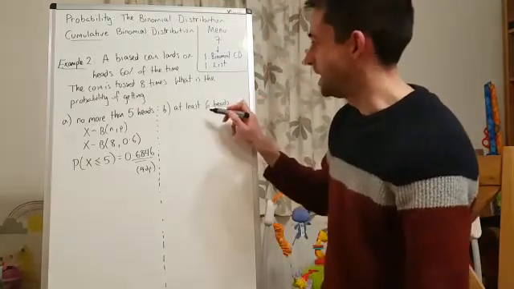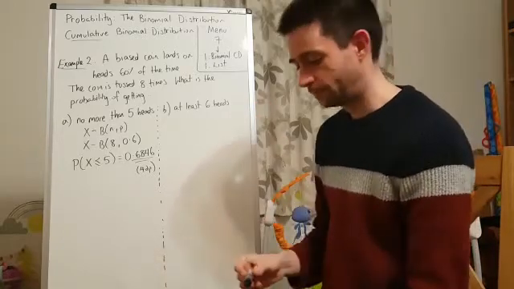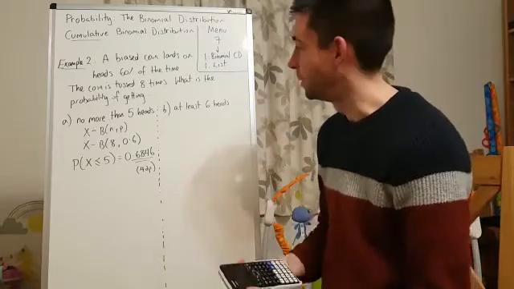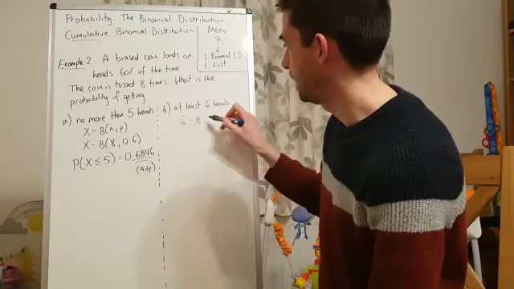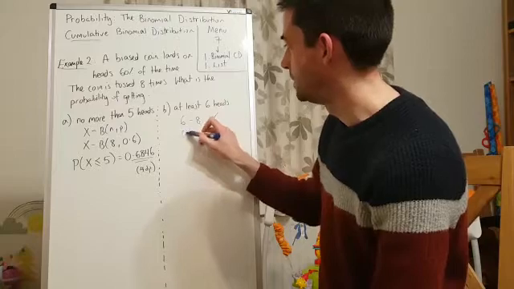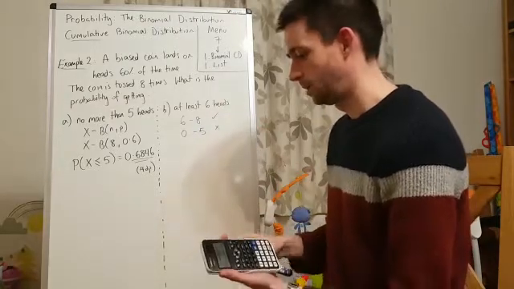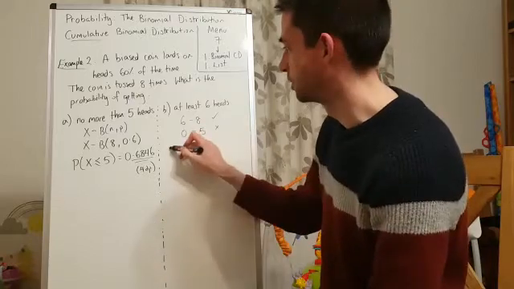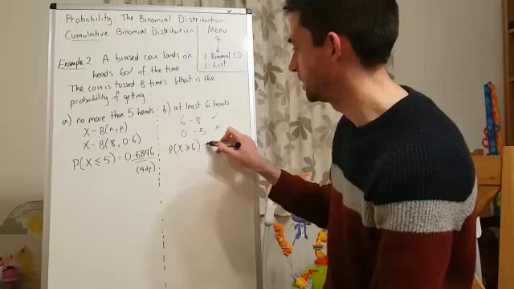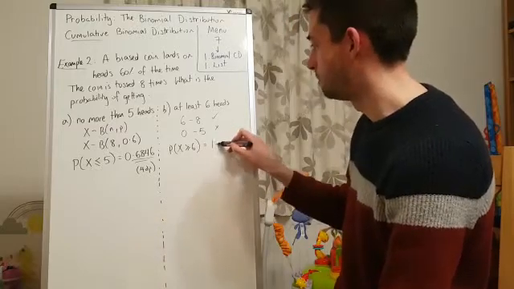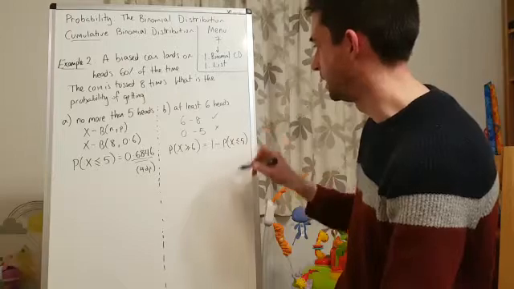Right then, part B, at least 6 heads. So 6 or more. So thinking about the number that we want, anything from 6 to 8 heads is okay, which means that we don't want anything from 0 to 5. So to obtain the probability of at least 6, greater than or equal to 6, we would actually be doing 1 minus the probability of up to and including 5.